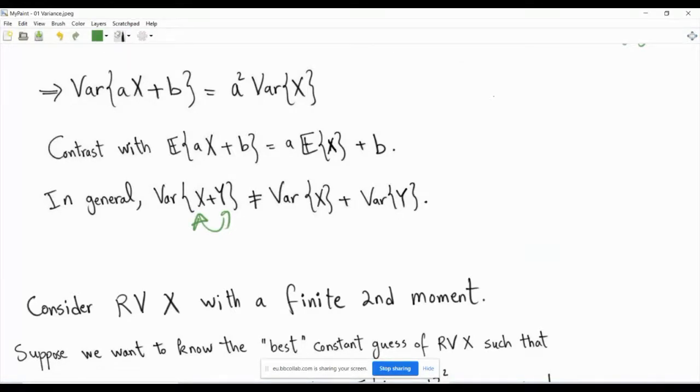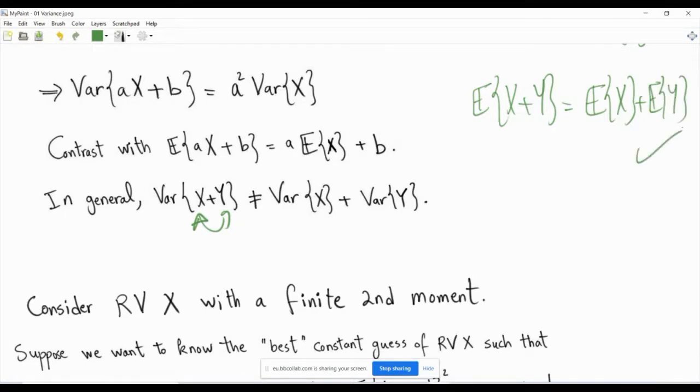And also, if you have two random variables and you want to compute the variance of their sum: the expectation of the sum, regardless of what these random variables are, will be the expectation of x plus the expectation of y. This is true because expectation is linear. But for variance, this is generally not true. The variance of the sum of two random variables, x and y, is not equal to the variance of x plus the variance of y. There will be an extra term that we will talk about later called the covariance.